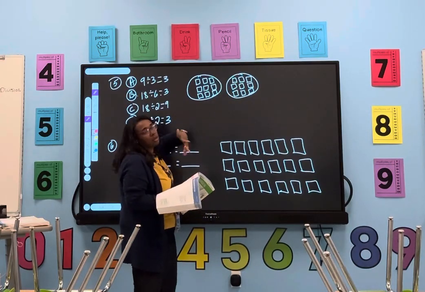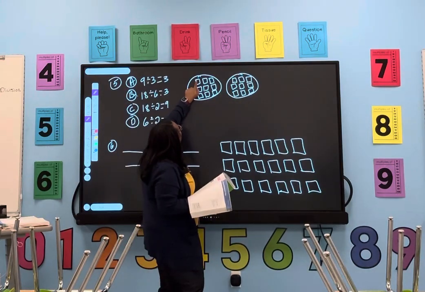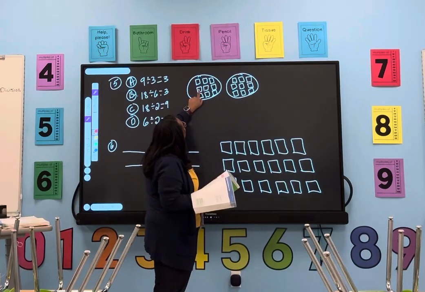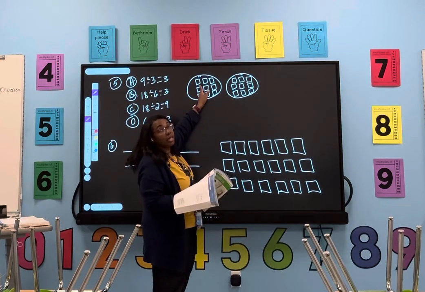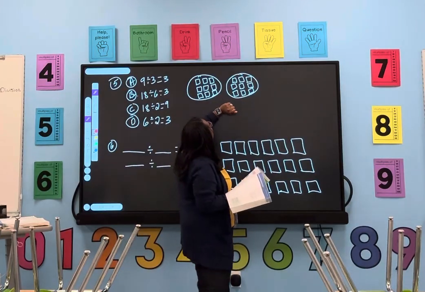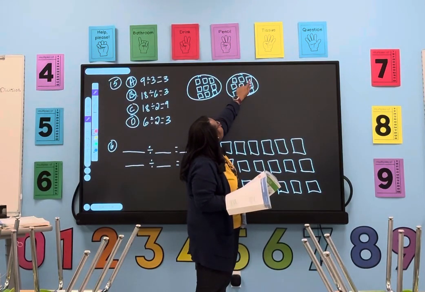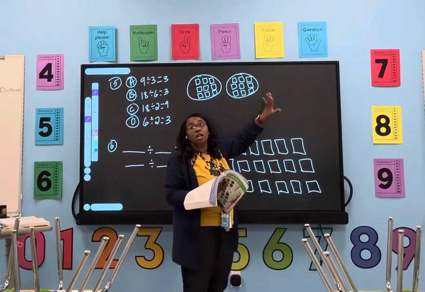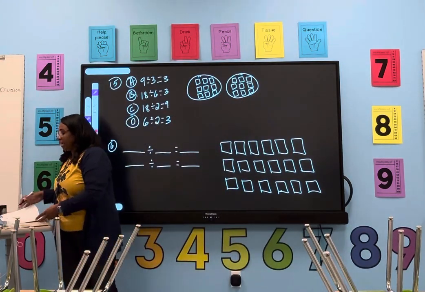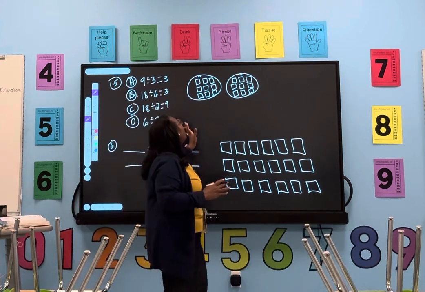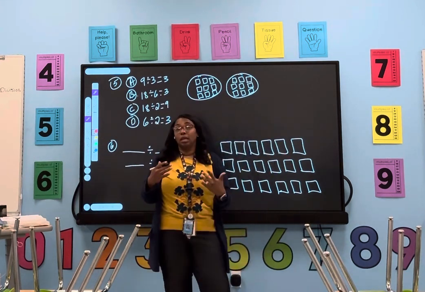So let's count just to make sure. So these are 1, 2, 3, 4, 5, 6, 7, 8, 9. So it is 9. And I'm going to count over here. 1, 2, 3, 4, 5, 6, 7, 8, 9. So I do have 2 equal groups of 9. And it says 18 squares. So if I count all of these together, it would be 18.